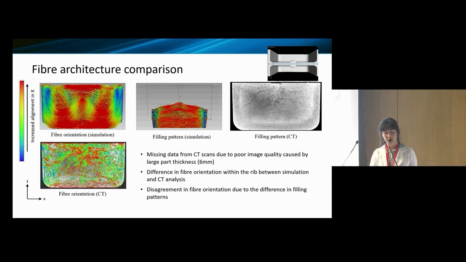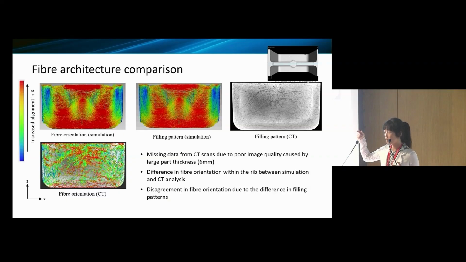So here's the comparison of the results between the simulation and the CT scan. With the CT scan of this part, we scanned one of the ribs, as you can see on the top right. With this particular part, we really had challenges to get a good quality analysis result because the image quality wasn't ideal, so we are missing quite a lot of data from the CT scan.